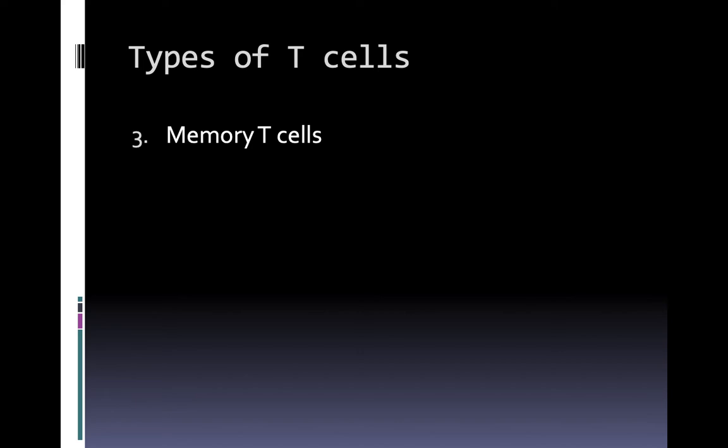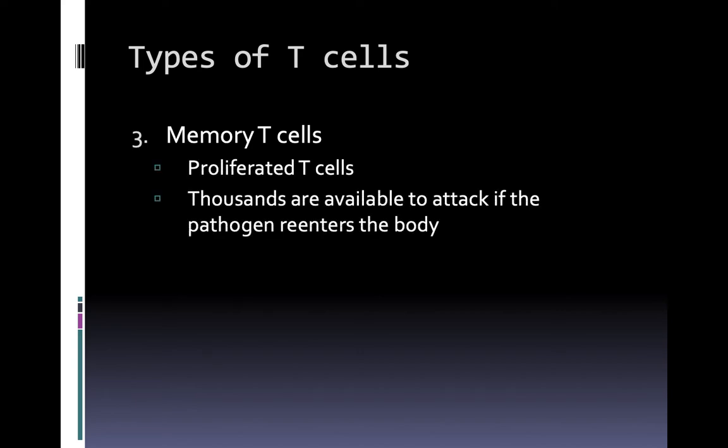And then finally, the last type of T cell is a memory T cell, and they obviously very simply remember that virus. They remember what infected that cell. If that thing gets back into our bodies, they will get rid of it before it causes disease.